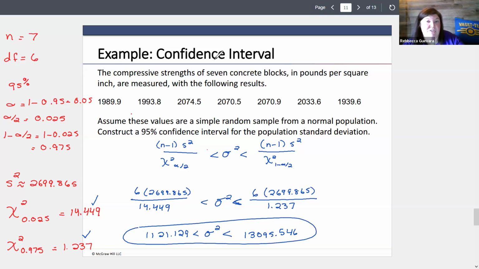Now, if I want the standard deviation, I just do the square root. So the square root of 1121.129 is less than sigma, which is less than the square root of 13,095.546.